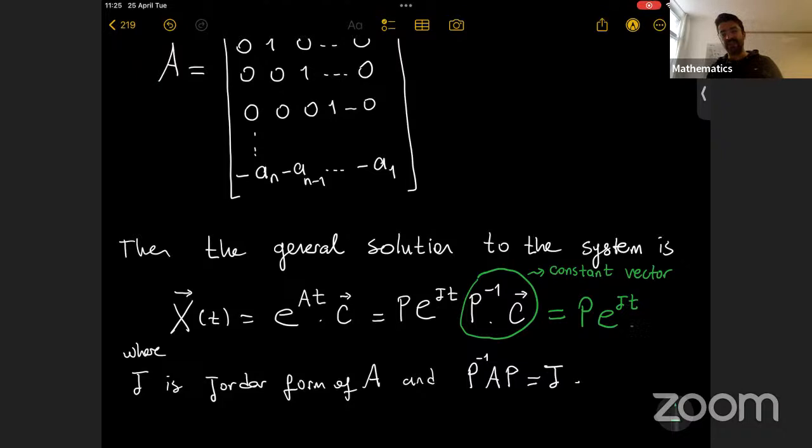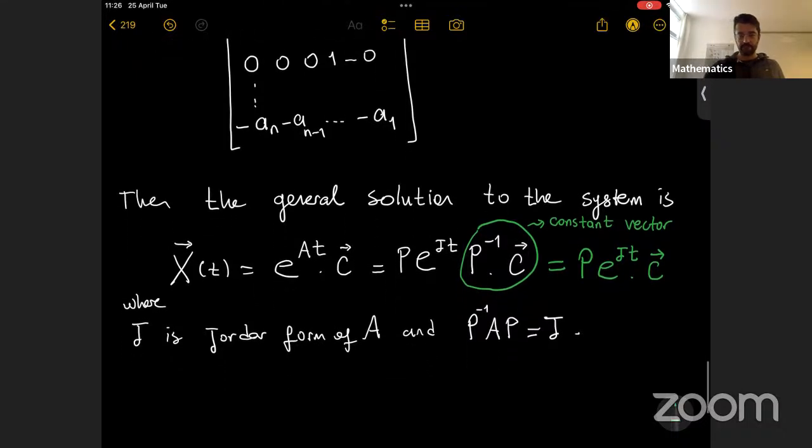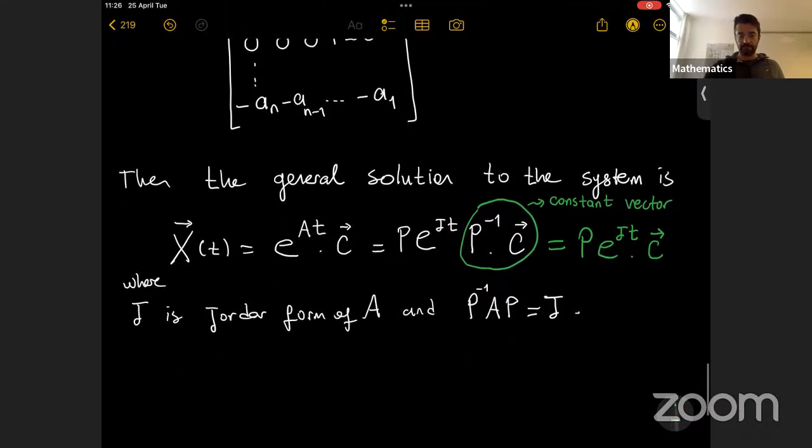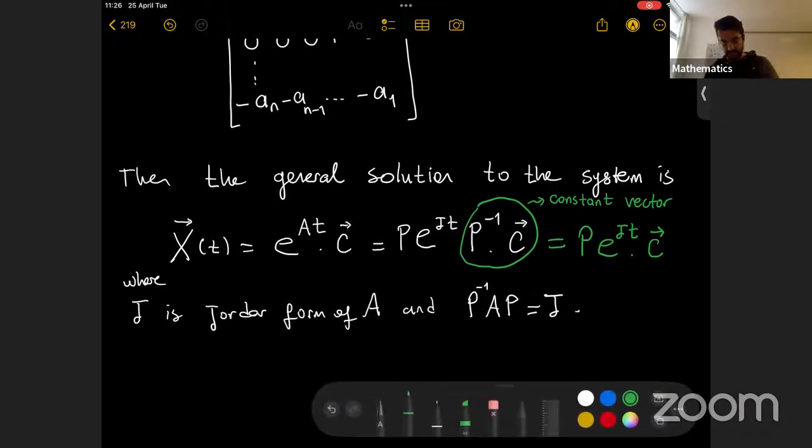Let's denote this constant by the same letter, C. Okay, this is easier to work with because we don't need to compute the inverse of the matrix P here. Right, remember this from last time.